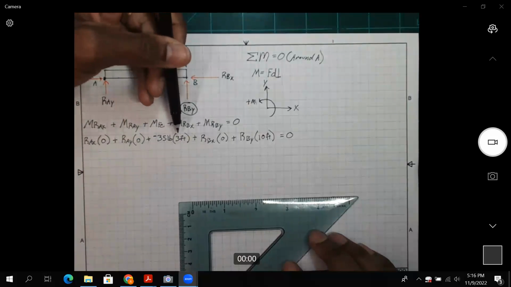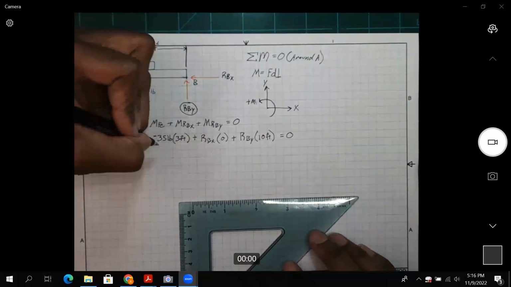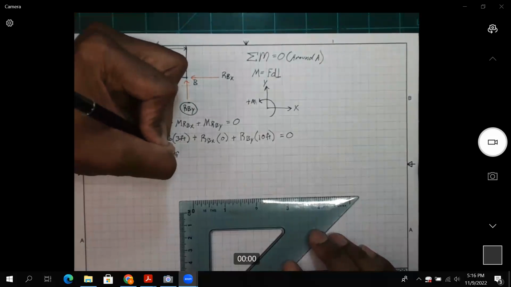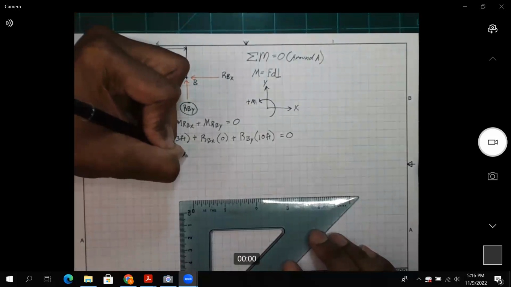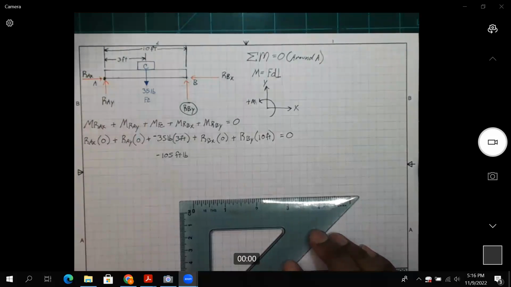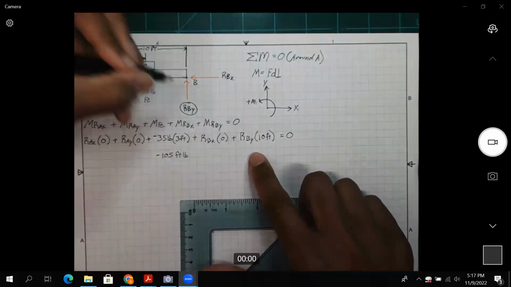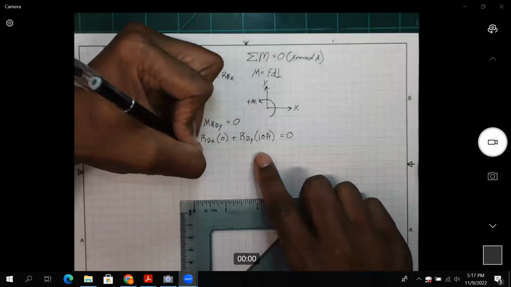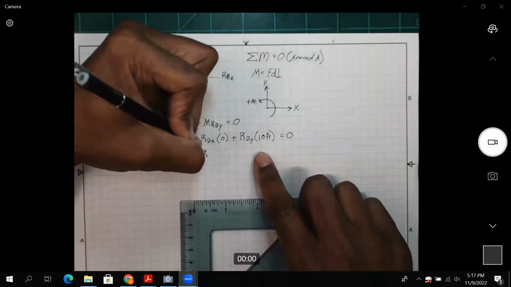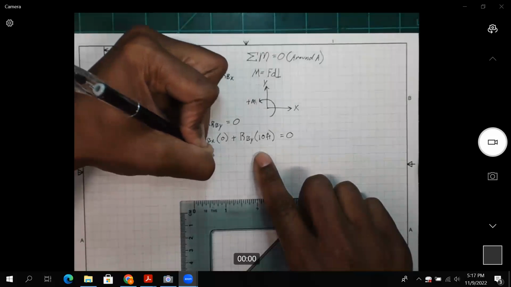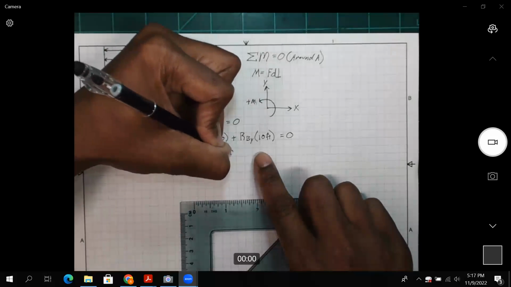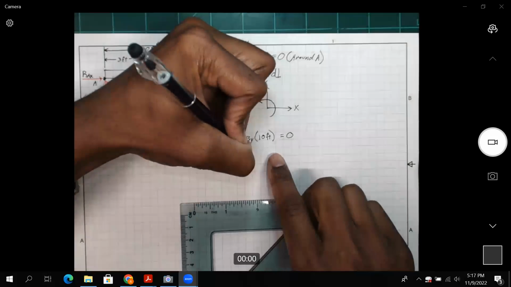So negative 35 times 3 feet, we have negative 105 foot-pounds, plus reaction force BY, the distance of 10 feet, must equal 0.